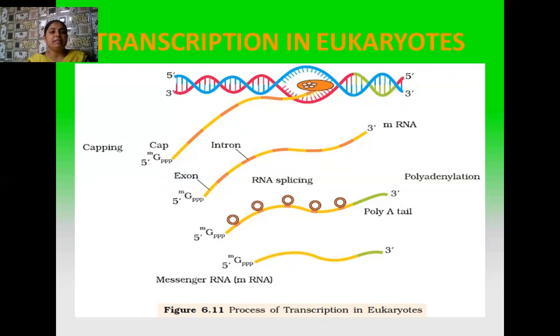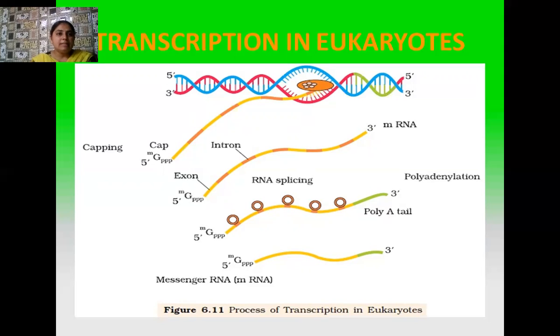RNA polymerase 1 is involved in the formation of different types of ribosomal RNAs, which vary according to their densities. These may be ribosomal RNAs of 28S, 18S and 5.8S. Here S is Svedberg unit, that is the unit of the sedimentation coefficient, which is associated with the process of centrifugation.